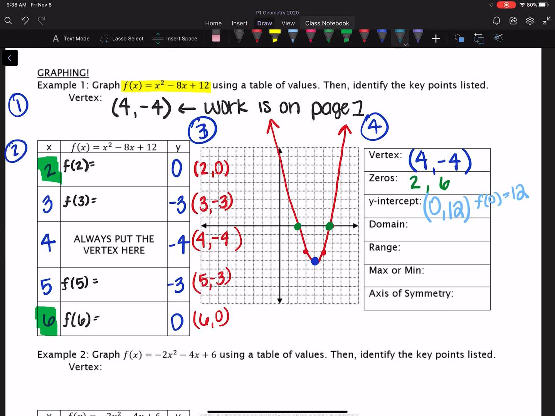The domain of this parabola is going to be negative infinity to positive infinity. There are no endpoints on this parabola, so I know it's going to extend in the left and right direction. So I would have all real numbers, or negative infinity to positive infinity.